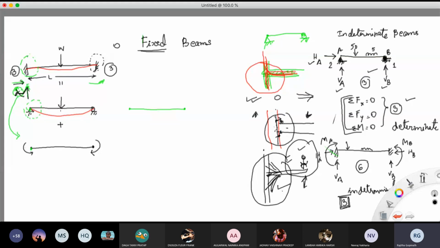Okay. So what I did is that I understood that because of the fixity here, there is some negative bending moment. The beam would have bent like this, but because it is rigid, the beam is stopped from bending here. So in this much portion the beam is not bending. It is not bending from here. It is only bending this much.